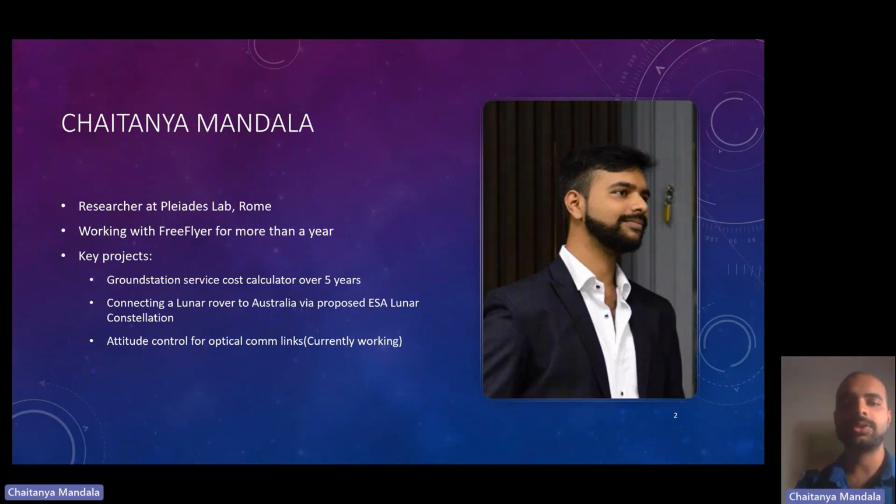And then the second project: considering that we're all so excited to go back to the moon, I thought it would be fun to create a lunar rover and connect that using a proposed 3-satellite ESA constellation around the moon to connect that to a ground station in Australia.